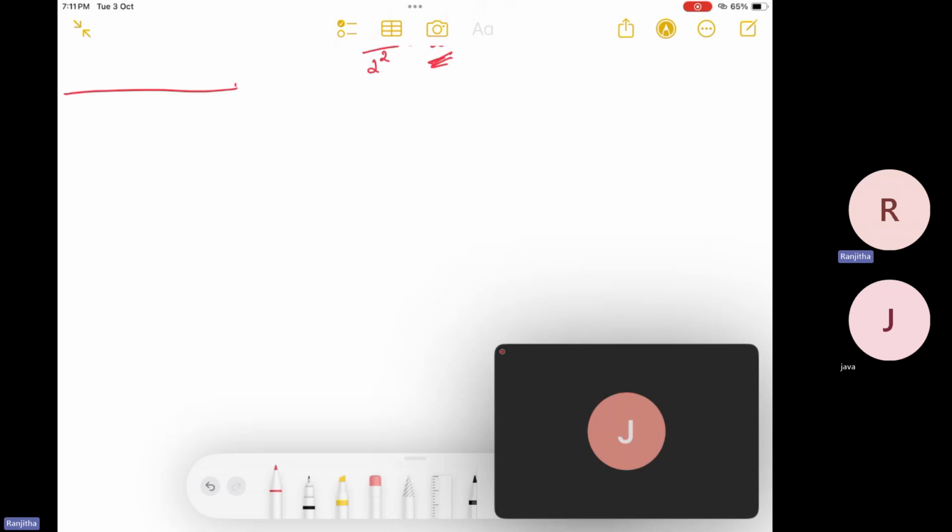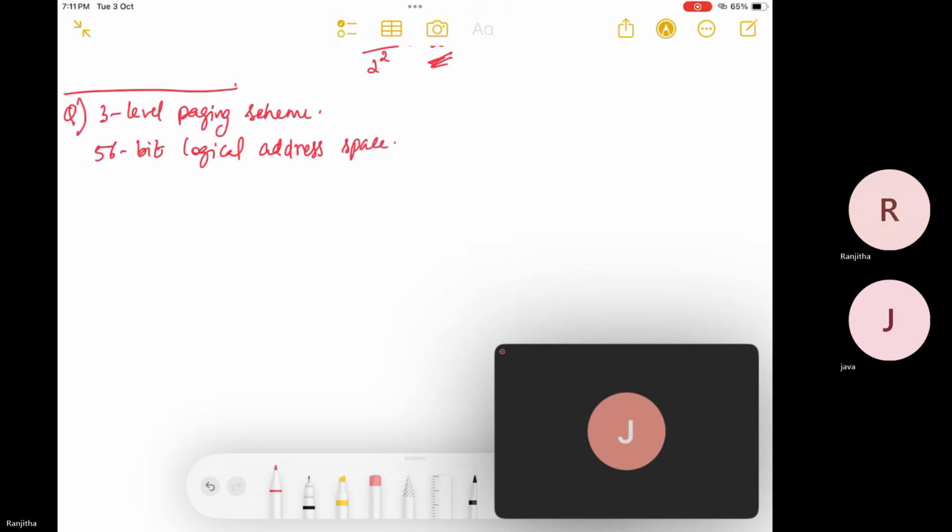Another question on this paging: there's a three-level paging scheme, 56-bit logical address space. Page size is 4 KB.